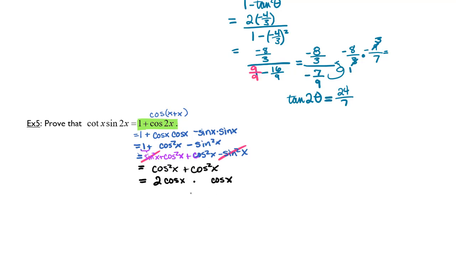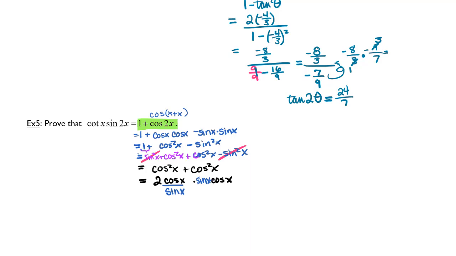I'll give you a minute to think through that. Those are equivalent. Now, because I need a cotangent and I need a sine, I'm going to both divide and multiply by sine of x, which is the tricky part of this identity. So now I have a sine x in the numerator and denominator, which is equivalent to multiplying by 1.